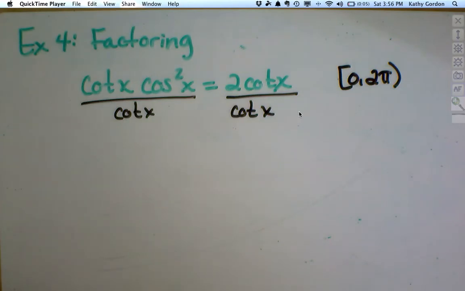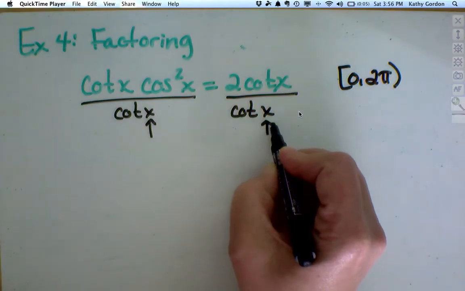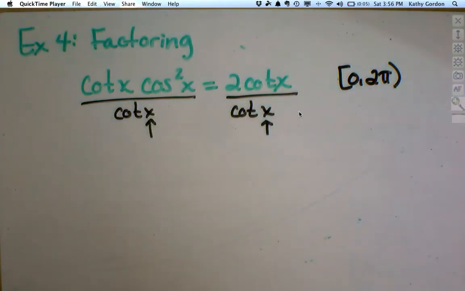And although that seems like a good idea, it is not, because that cotangent x includes a variable. So by dividing out this trig function, you are getting rid of one of your variables, which means you are potentially ignoring one of your possible solutions.